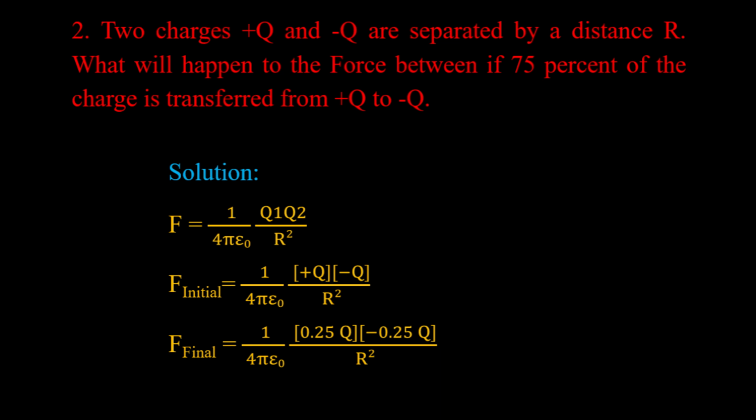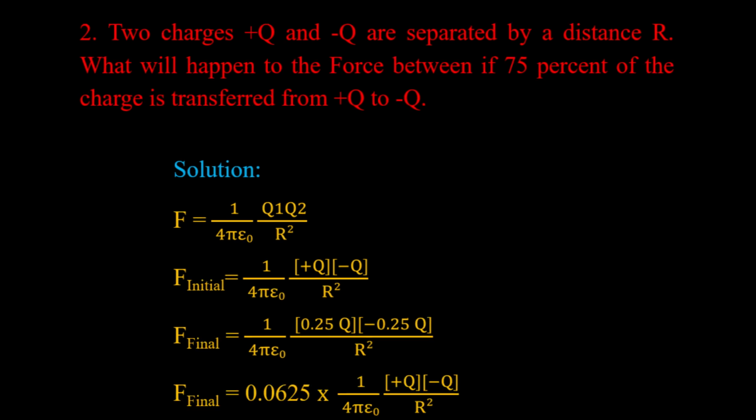Okay, so when we do the calculation, we get 1 by 4 pi epsilon naught into plus 0.25 q into minus 0.25 q by r square. So when you do the calculation, it's 0.0625 into 1 by 4 pi epsilon naught plus q into minus q by r square. Okay, so the initial configuration is plus q into minus q by r square into 1 by 4 pi epsilon naught.